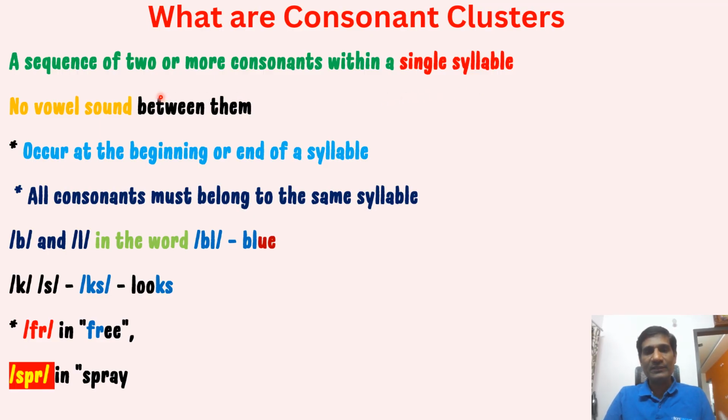Consonant clusters are two or more consonants within a single syllable. It's very important that they should be in the same syllable. The consonants must belong to the same syllable. Then only we call it a consonant cluster, but not if they are in separate syllables.